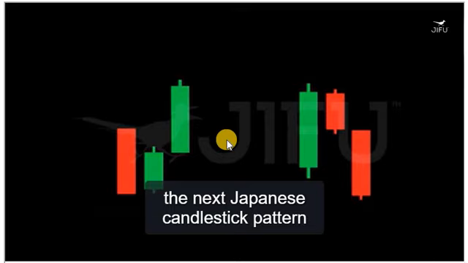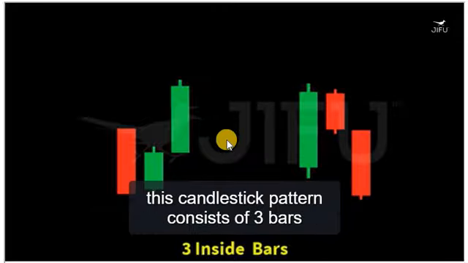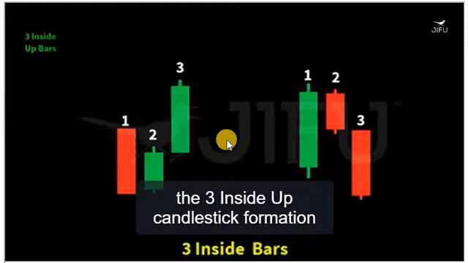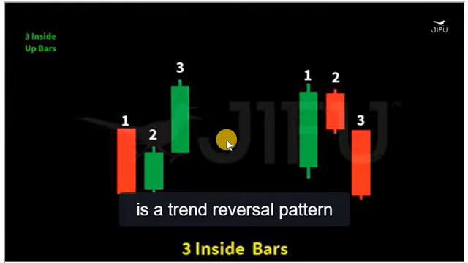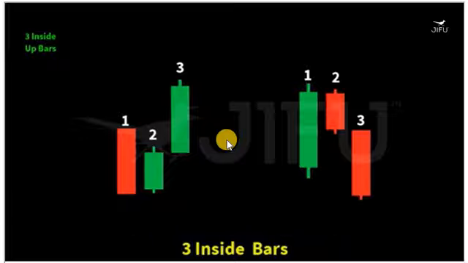The next Japanese candlestick pattern on our list is the 3 inside bars. This candlestick pattern consists of 3 bars. The 3 inside up candlestick formation is a trend reversal pattern that is found at the bottom of a downtrend.